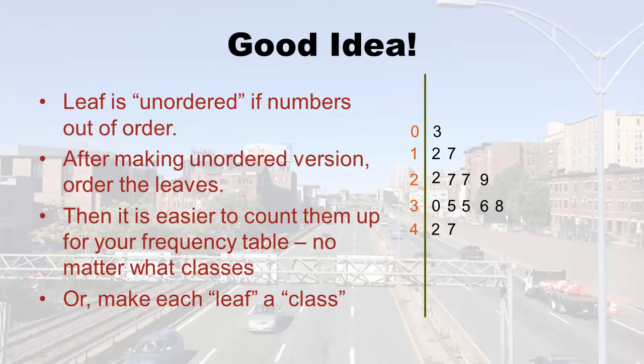Or you can just make each leaf a class, and then it's super easy to make the frequency table. So that's why I combined these two pieces of the chapter together, because I wanted to show you how you can use a stem and leaf to help you make a frequency table.